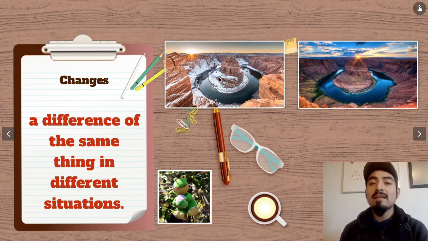This is the Horseshoe Bend in winter, and this is the Horseshoe Bend in summer. Can you notice differences? If you notice some differences, you can identify changes. There are many changes from the winter to the summer. For example, the snow, the green of the bushes here down, the sunset, the clouds, etc.